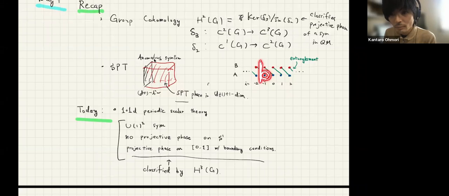So on the boundary there appears one qubit worth of degrees of freedom. That's one explicit manifestation of this hypothesis.